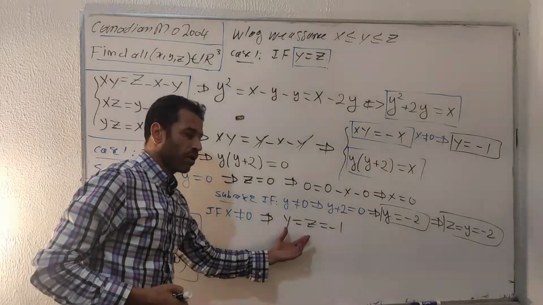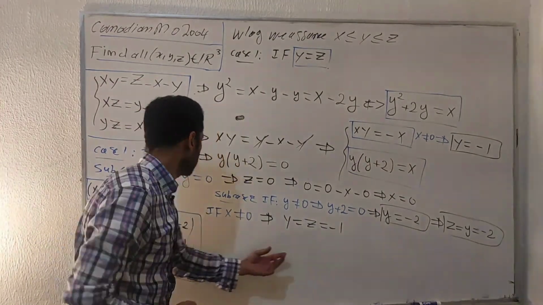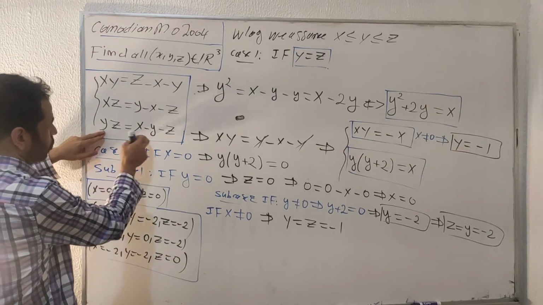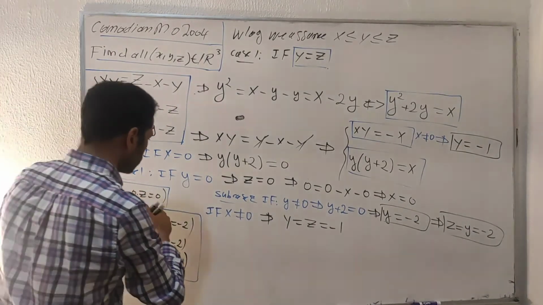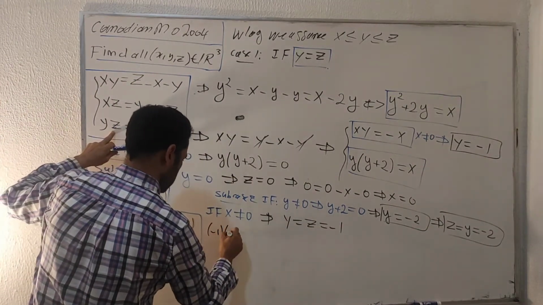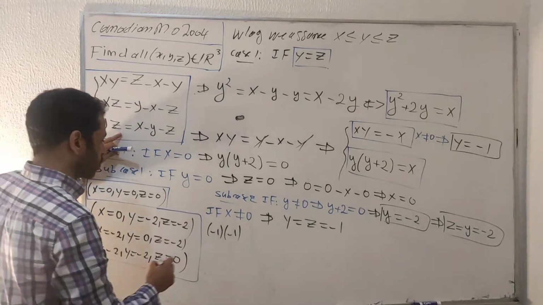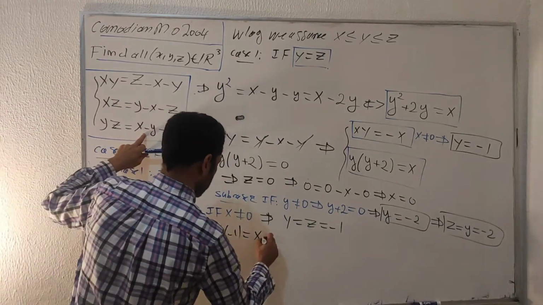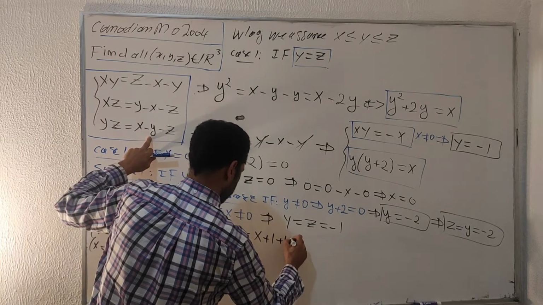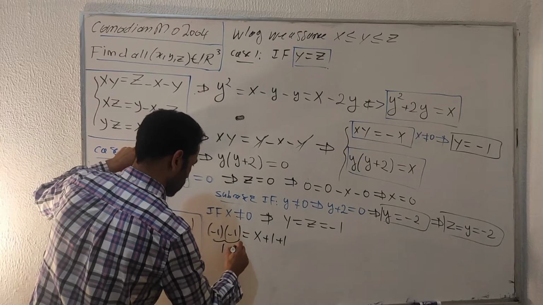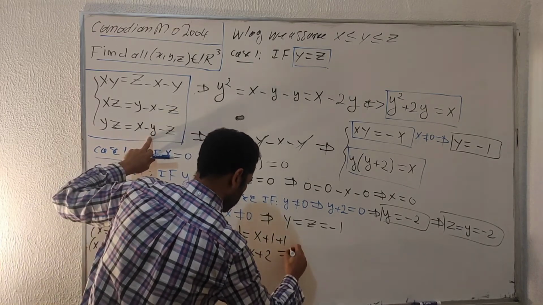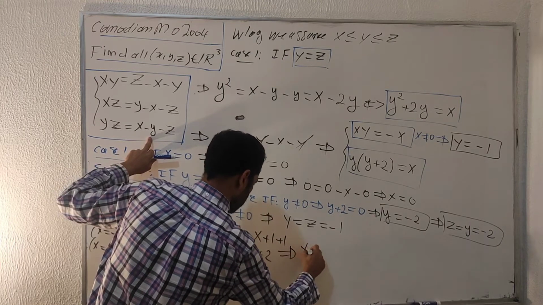So since both values give us the same value minus 1, I'm simply going to insert this into the last equation to find x. So I get y multiplied by z, minus 1 multiplied by minus 1, equals x minus with minus plus 1 plus 1. So this one is giving us 1 equals x plus 2.